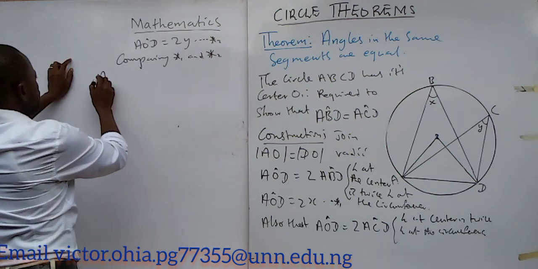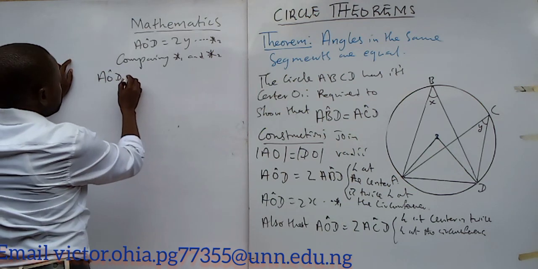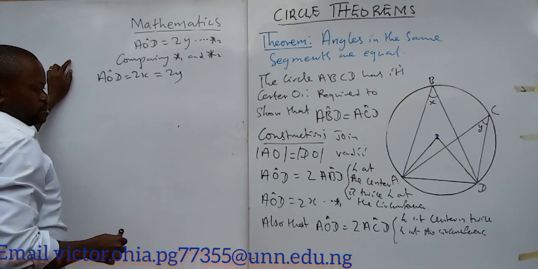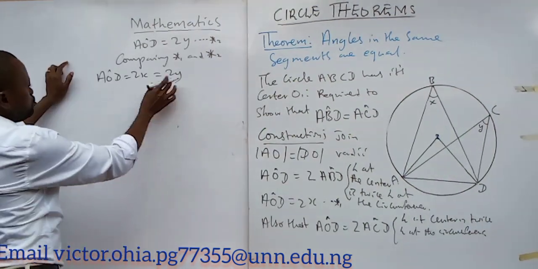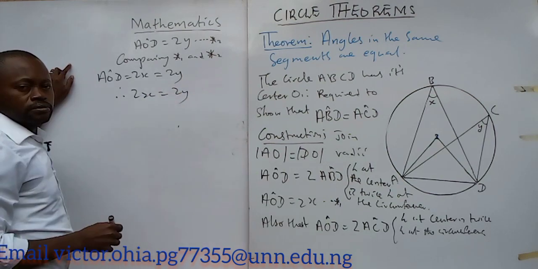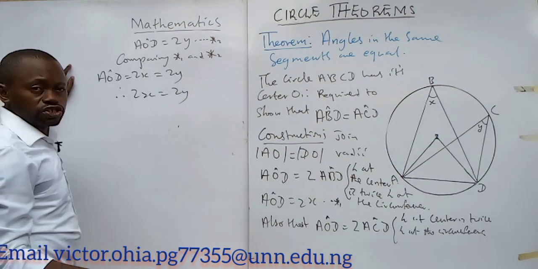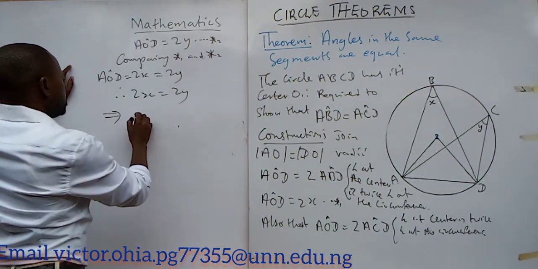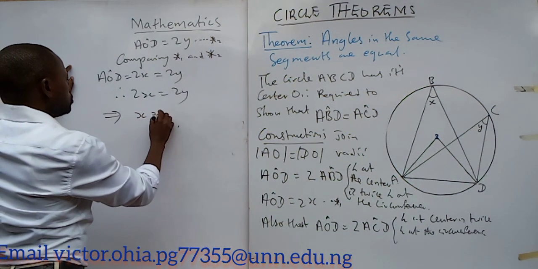This angle AOD is equal to 2x, which is also equal to 2y. It's common in them, so therefore 2x is equal to 2y. By implication, x is equal to y.